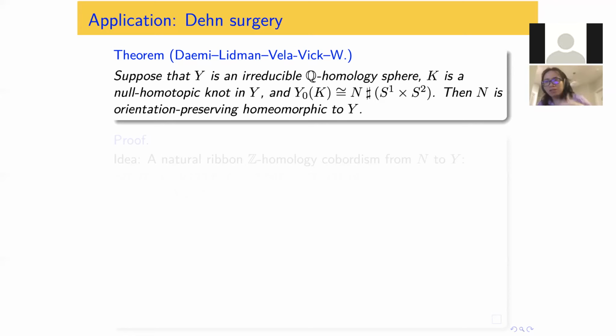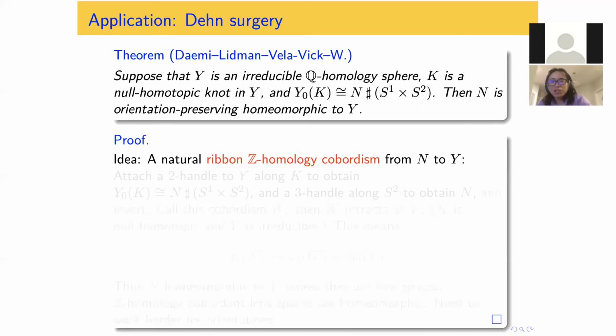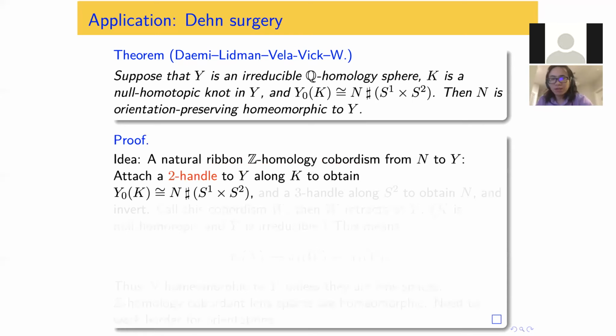So how do ribbon homology cobordisms come into this? Let's dive into the proof. The idea is that you can build a very natural ribbon Z homology cobordism from N to Y. We're actually going to first build a cobordism from Y to N, the other way around. So you take Y, you attach a 2-handle along K with 0 framing.